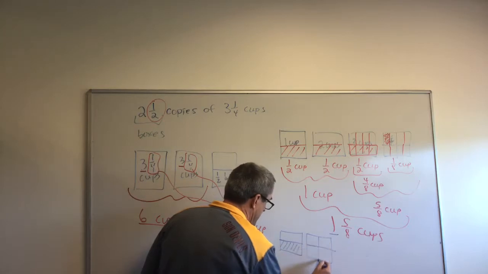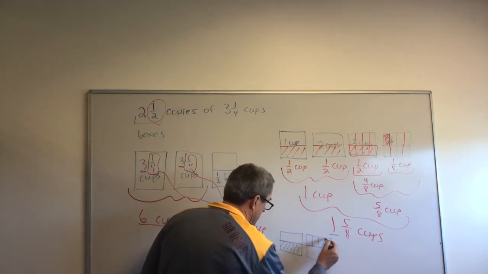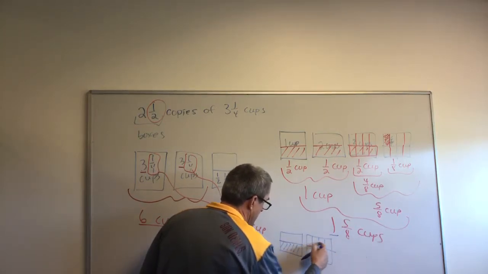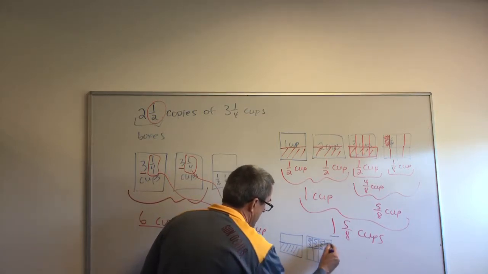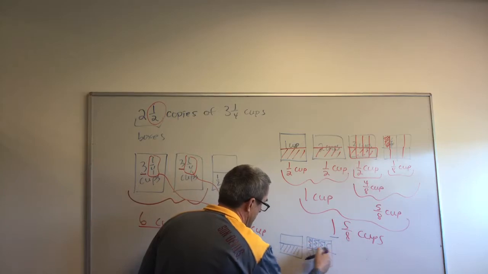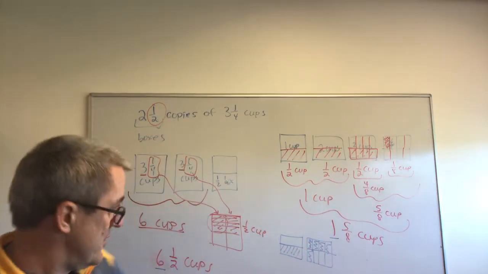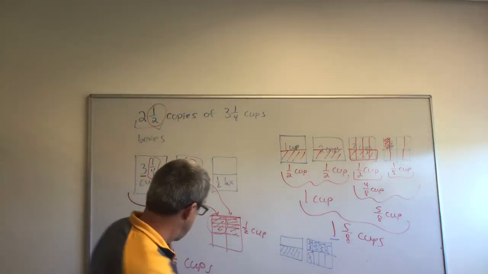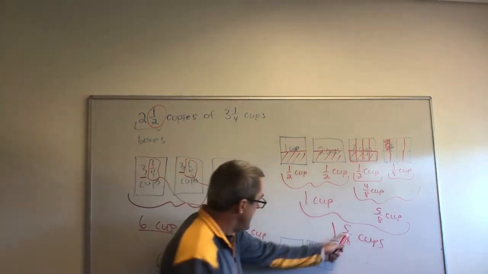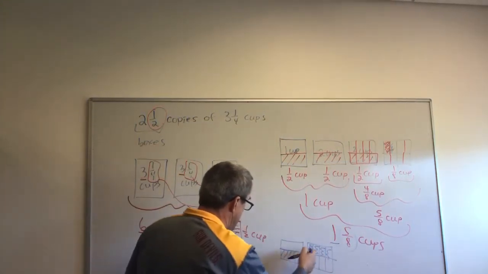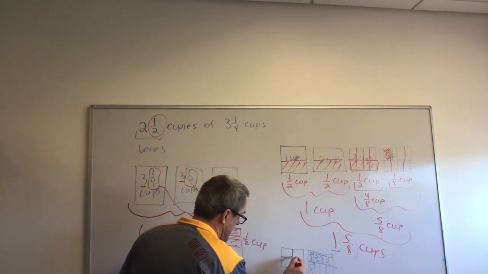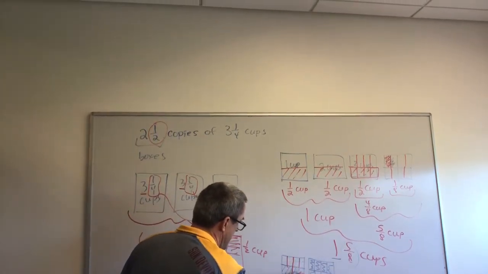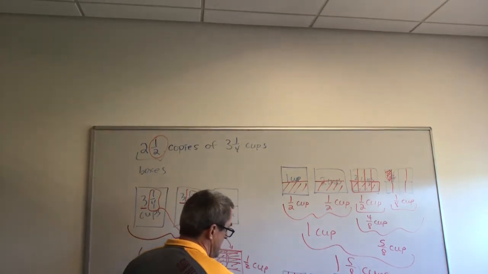So halves, fourths, 1, 2, 3, 4, 5, 6, 7, eighths. 1, 2, 3, 4, 5 eighths. So I've got a half of a cup from here. I've got 5/8 of a cup from here. Half of a cup, 5/8 of a cup. What do I have? Well, let's see. Let's cut this one up into eighths as well. 1, 2, 3, 4 eighths.